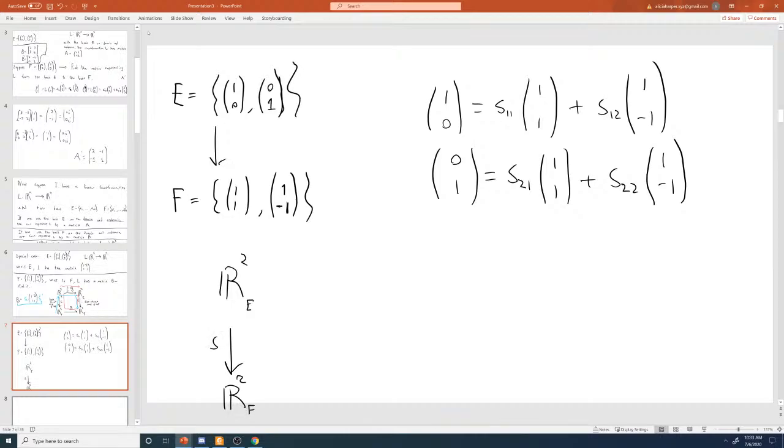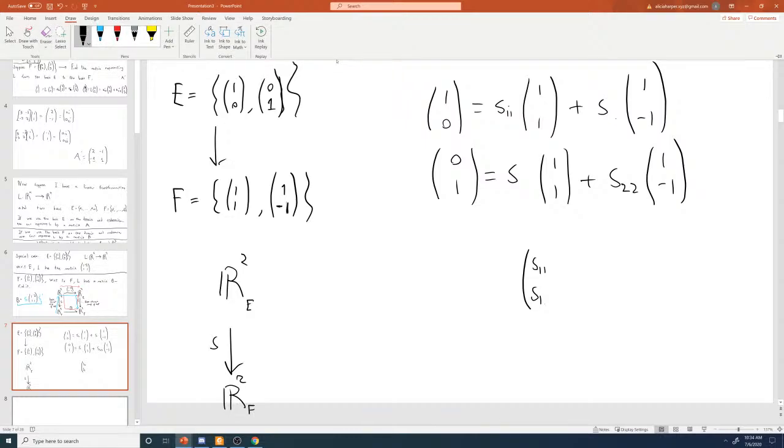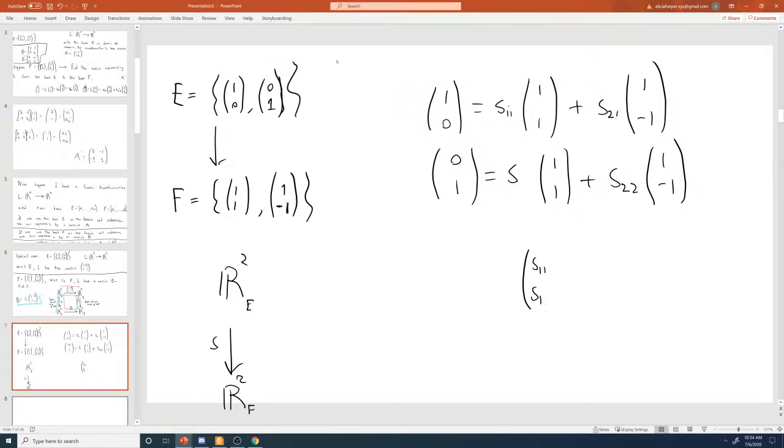So here's how I can do this. I can make the following observations. These S11 and S12 can be reconceived of in terms of the following matrix equation. In fact, I just want to slightly change my indices and reorder them so it looks better. So here I'm going to have 2, 1 here and 1, 2 here.